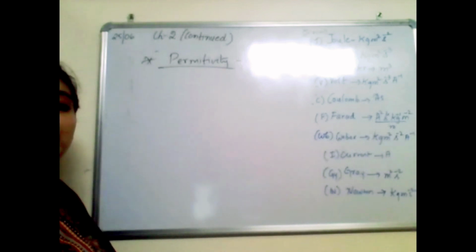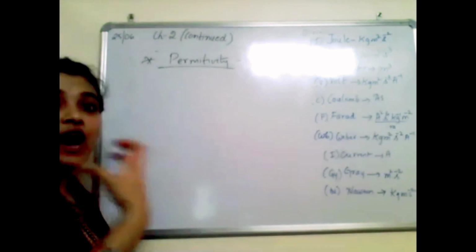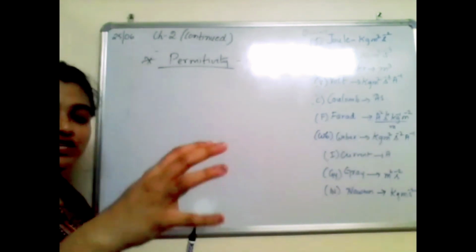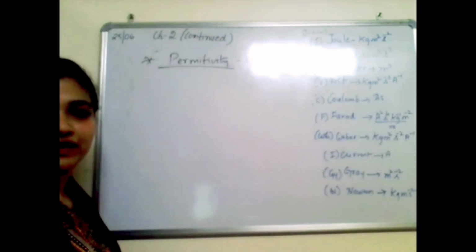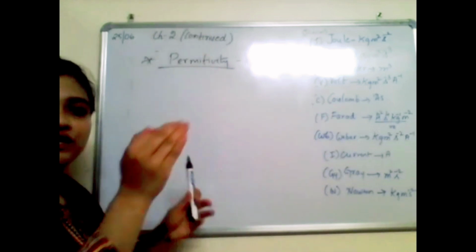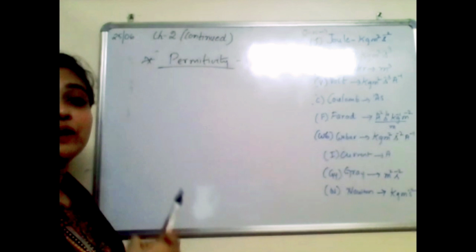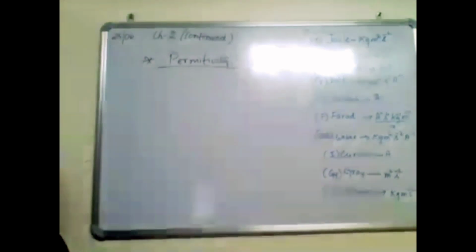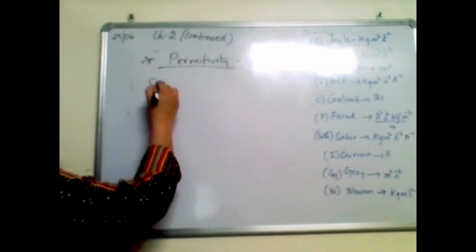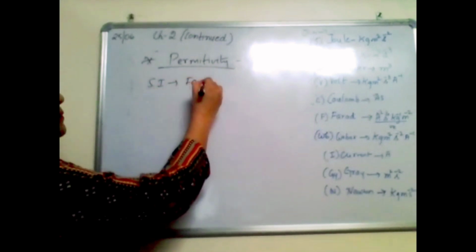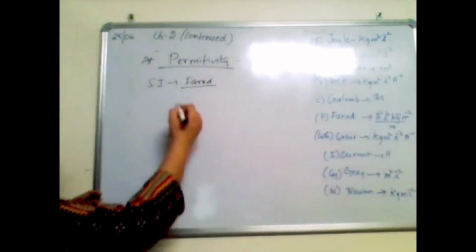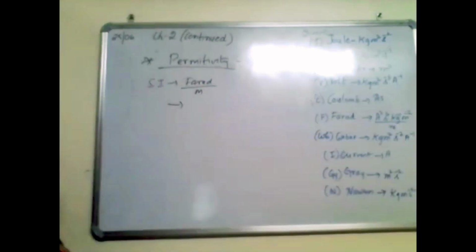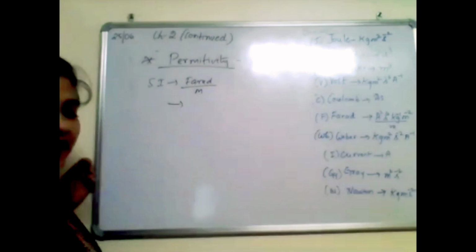Again, I repeat, the ability of a substance to store all the electric charges in that electric field, that is nothing but permittivity. The SI unit given to it is farad per meter. So what is farad, children?